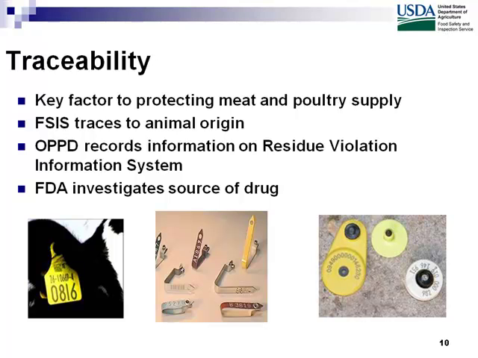And the FDA, they do investigate veterinarians, they investigate farmers, they investigate feed suppliers to try to determine the source of that drug and who gave the animal that drug.